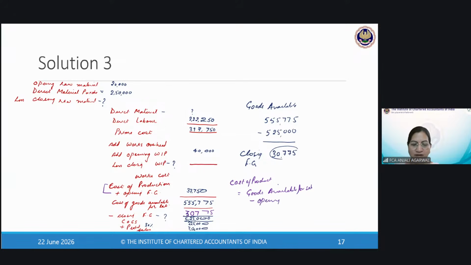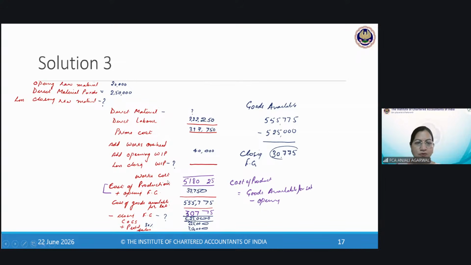So if you have 5,55,775 available for sale, out of which 37,750 was already your opening finished goods, it means your current cost of production is 5,18,025. This is your works cost or current cost of production. Okay.